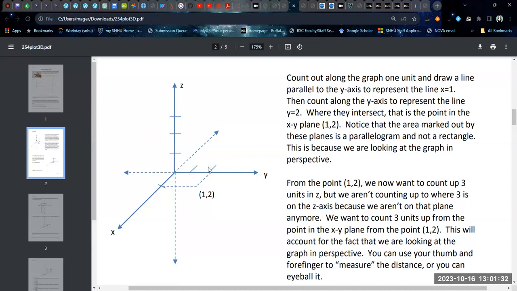Instead, what you want to keep in mind is that your coordinate axes are going to guide your grid axes in other directions. So your Y coordinate tick marks are going to be parallel to the X axis.